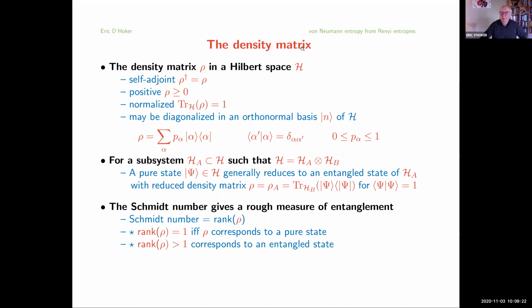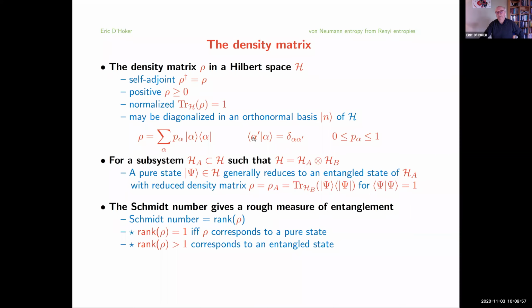So let me just start with the beginning. A density matrix, rho, in some Hilbert space for a quantum system is a self-adjoint operator. It's positive. You normalize it so that the probabilities sum up to 1. And because of these properties, you can diagonalize it in some orthonormal basis of the Hilbert space in the following way. So rho is a sum over alpha, p alpha, times the projector onto the state alpha.